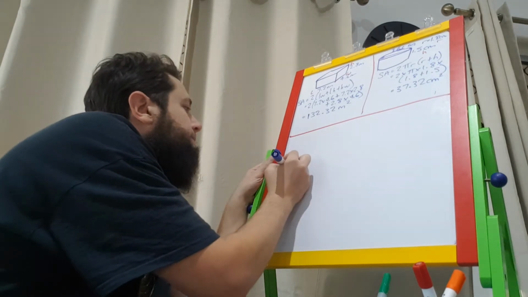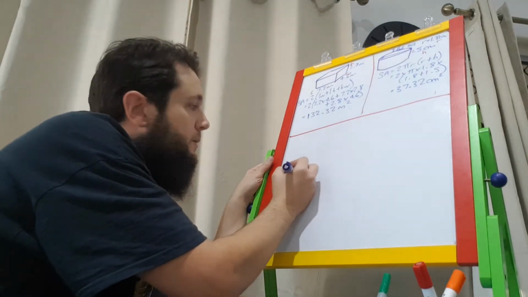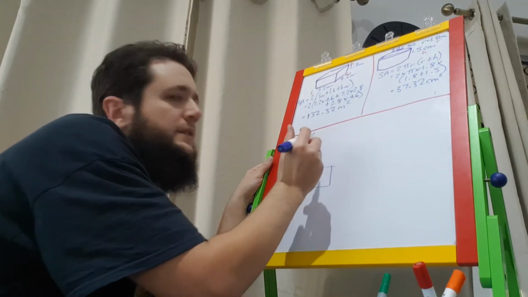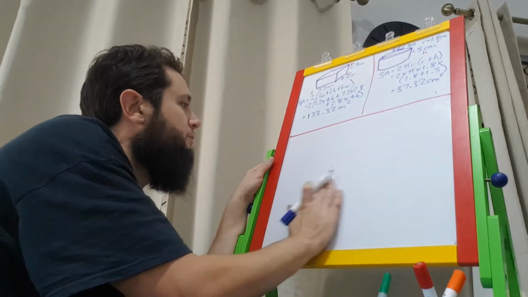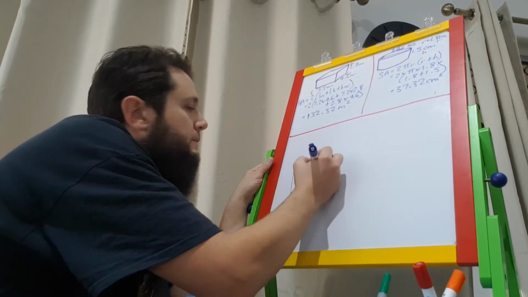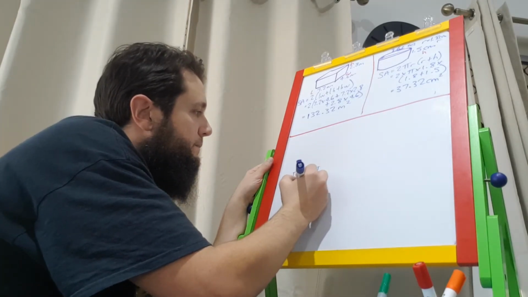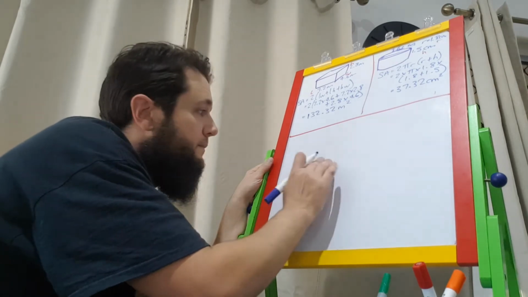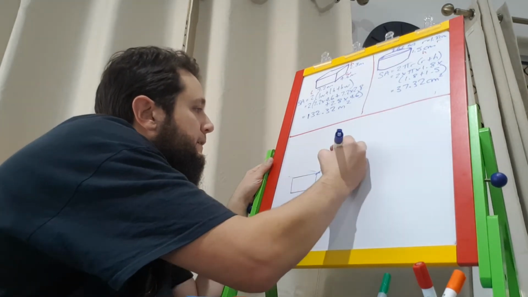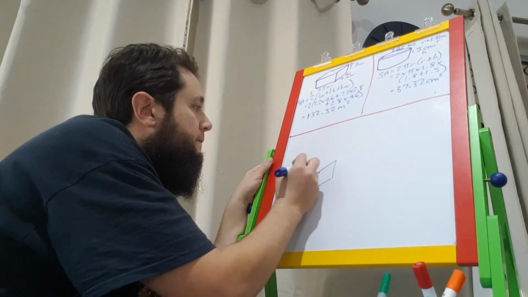All right, I'm going to do one similar to that. We're going to have a rectangular prism with a cylinder. Oh no, a square-based prism. Okay, we'll do a square-based prism with a cylinder on it.